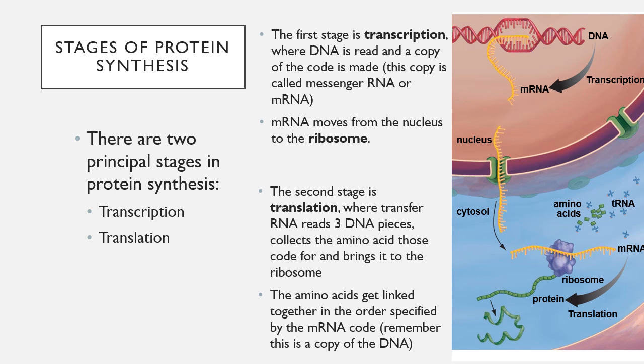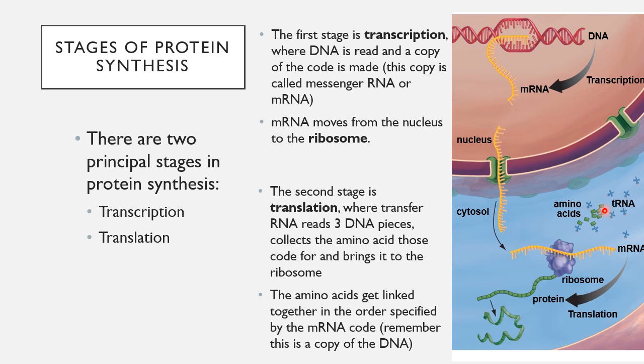This is where something called transfer RNA reads the DNA code 3 pieces at a time. So these tRNA pieces come, they read the code 3 pieces at a time. They go out and they collect the amino acid that segment of 3 DNA bases codes for.